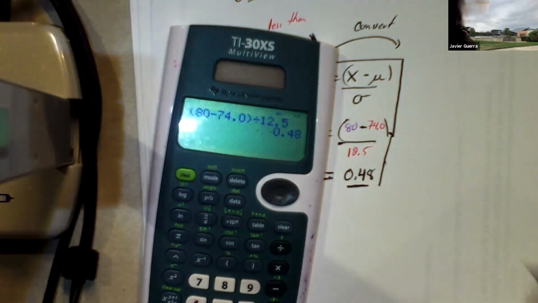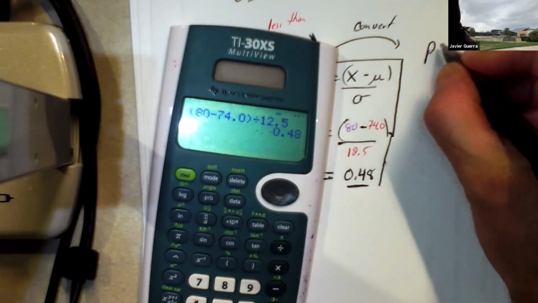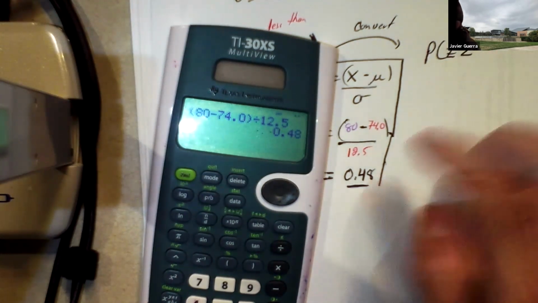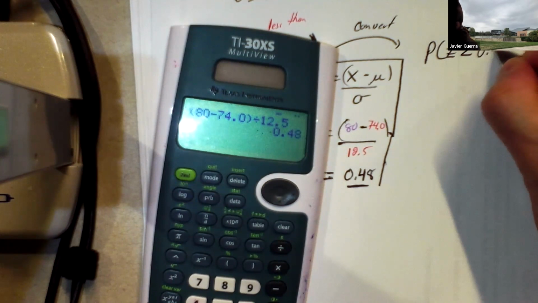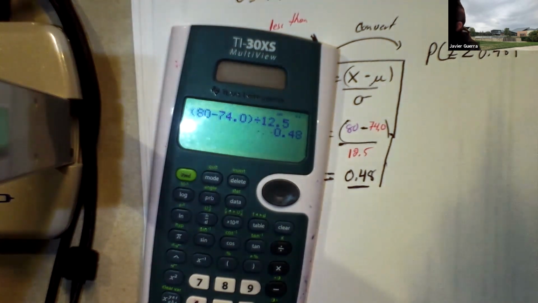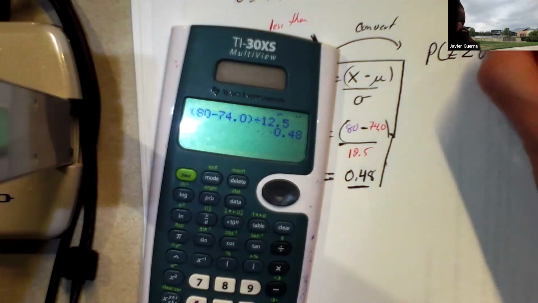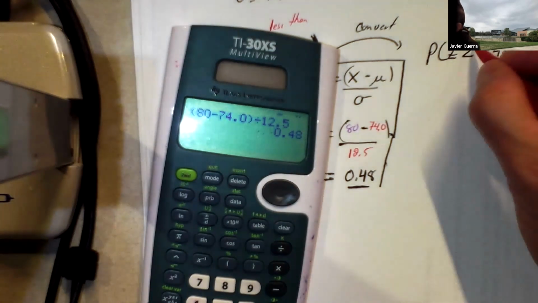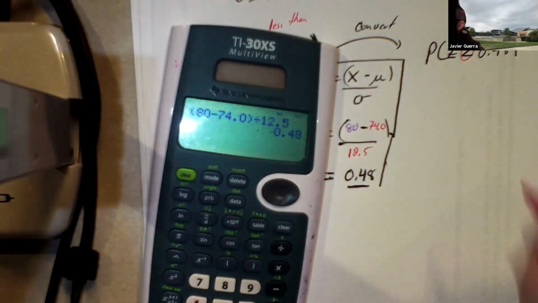It's already 2 places. So I'm going to write my probability as z is less than 0.48. It's less than, so I'm going to look at the left area. When I type it into StatDisk, I'm looking at the left area. Less is left, right? Less is left.